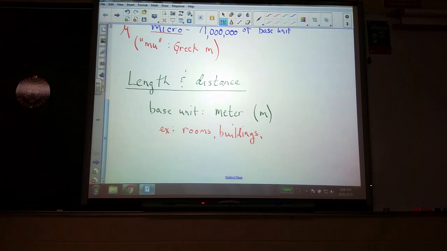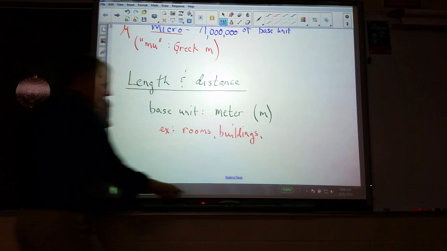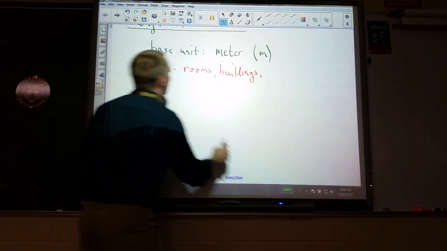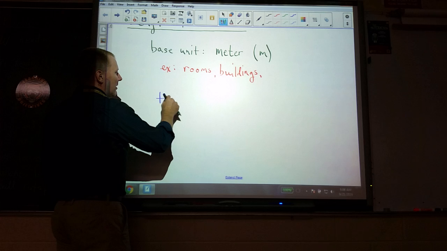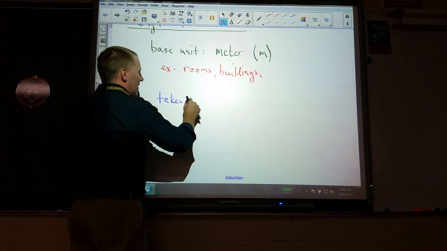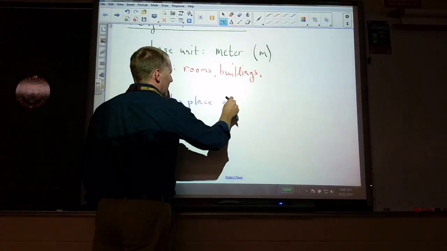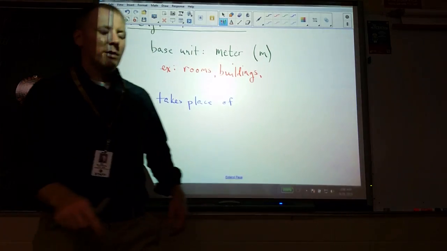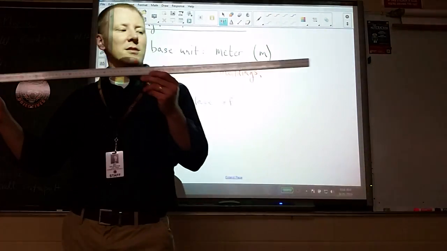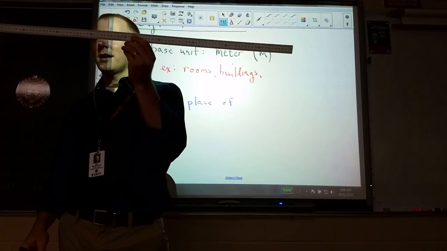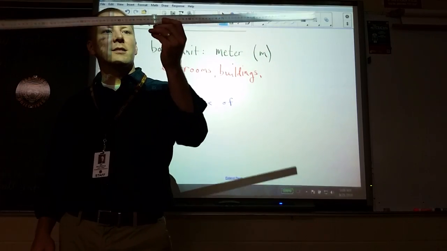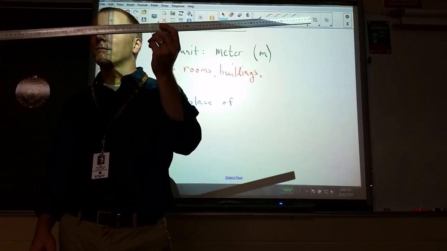In the U.S., what unit or units would we use to measure things that are like rooms, buildings, that are around this size?